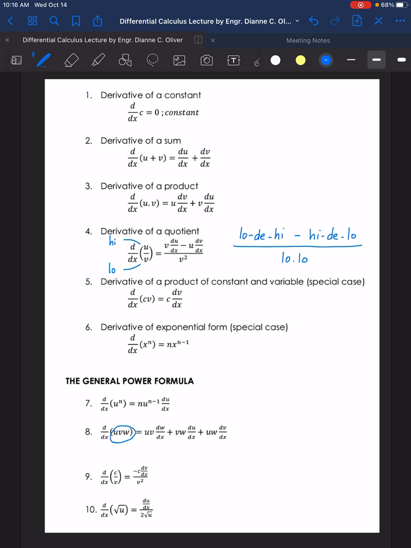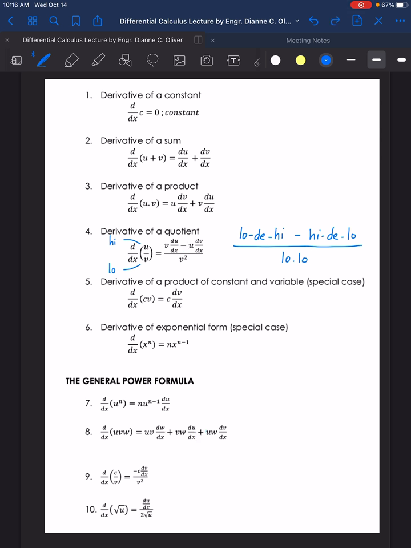So U, V, and W. So U, V, and W here, how do we derive? So again, if you are deriving a product, it is always separated with plus. If you are deriving a quotient, it is separated with minus. Okay?